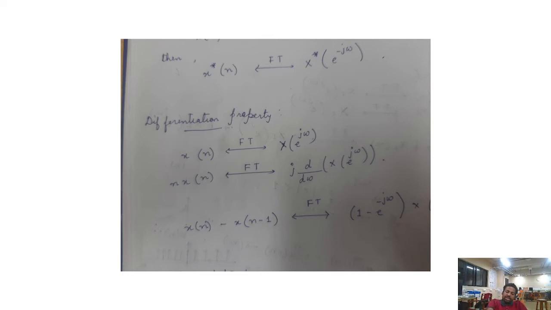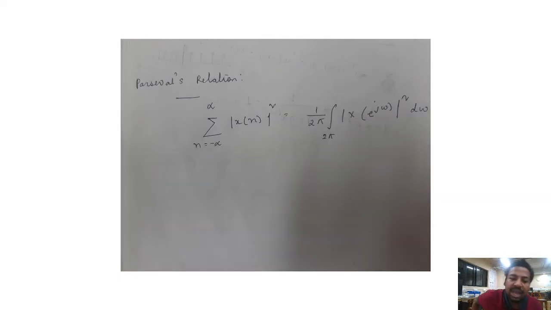This is the last one, Parseval's relation, which is very important in solving a couple of problems. It is also given as a property here. The proof is something you can even try by yourself.